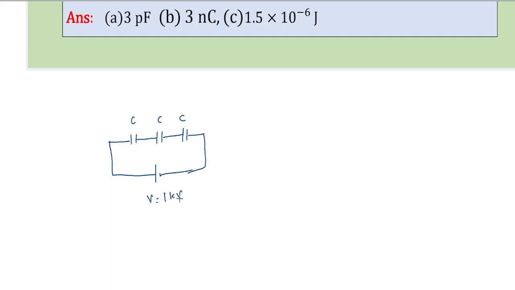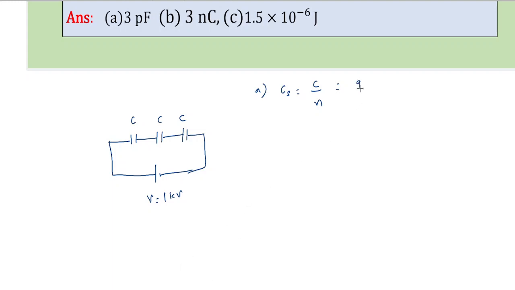The first part says find the equivalent capacitance. We learned in theory class that for a series combination, if each capacitor has the same value, then the equivalent capacitance is given by the capacitance value divided by the number of capacitors. In this case, each one has a value of 9 picofarad.